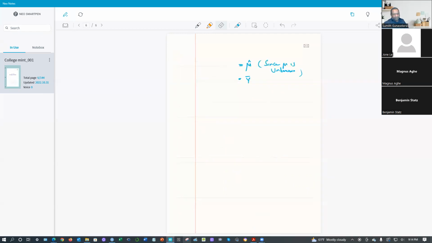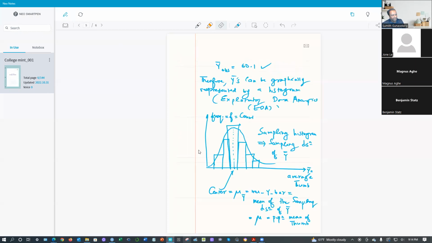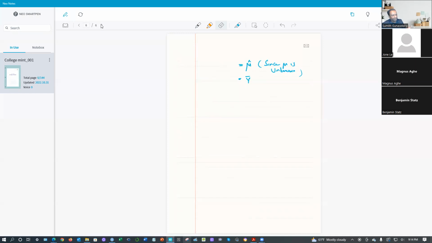Now again, we have a situation. We draw the histogram for Y bar. See, this is a particular Y bar at the center. Where is the center Y bar? Y bar can be replaced by what? It's nothing but the sample mean. This is an estimate of the population mean.